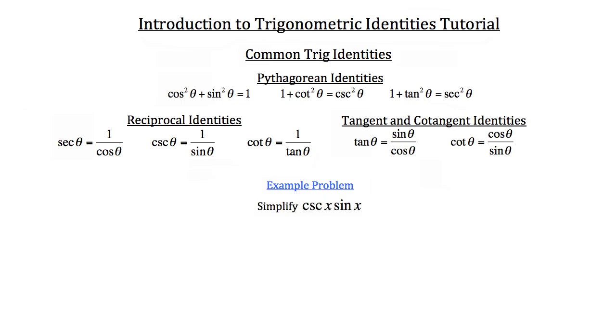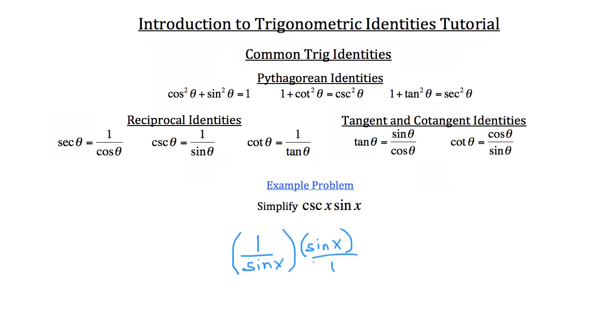What I'd like to do is simplify this statement, the cosecant of x times the sine of x. So in order to simplify that, we just want to reduce it as much as possible. Now, I know that the cosecant of x is really equal to 1 over sine of x. So I can rewrite this as 1 over the sine of x, which is the value of the cosecant of x, times the sine of x.